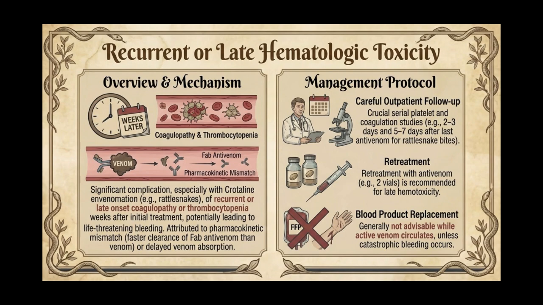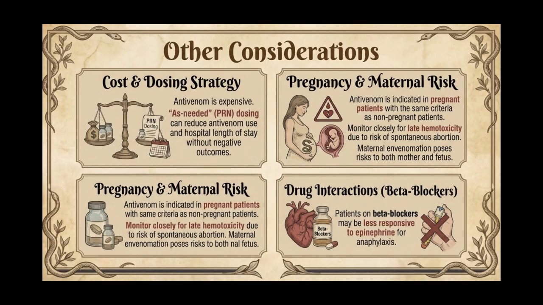In cases of late hematotoxicity, retreatment with antivenom, such as an initial dose of 2 vials, is recommended. However, late thrombocytopenia may be more resistant to antivenom treatment. Blood product replacement is generally not advisable when active coagulopathy and circulating venom are present, unless there is catastrophic bleeding.